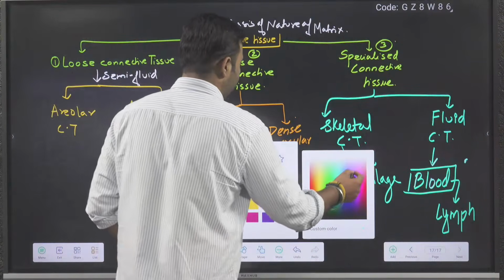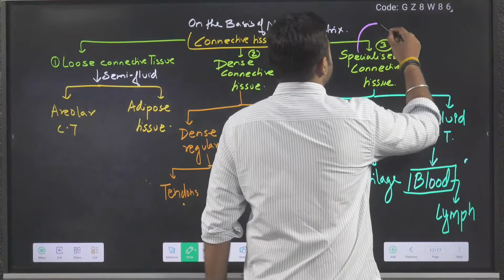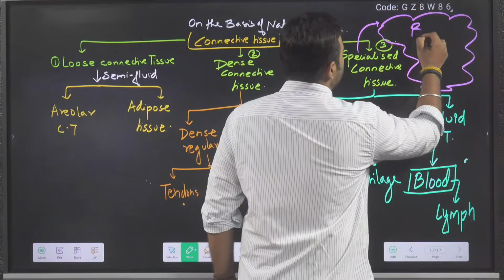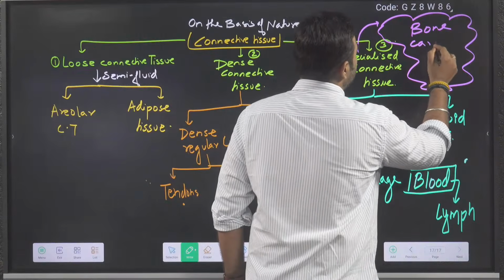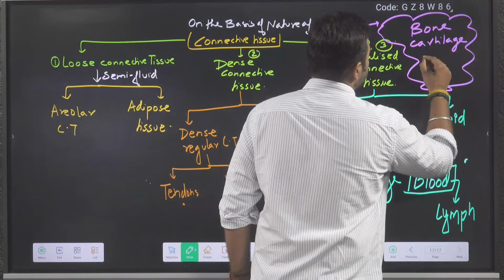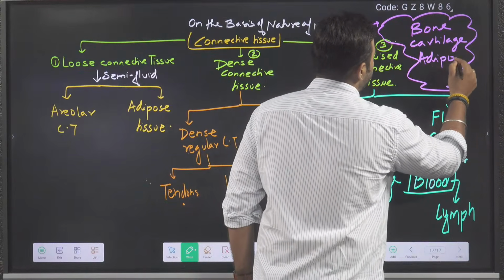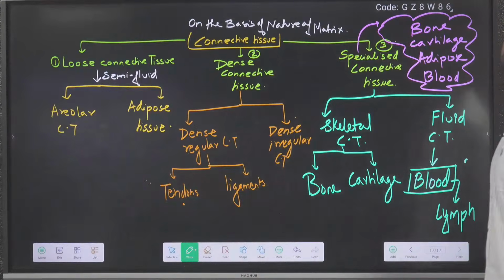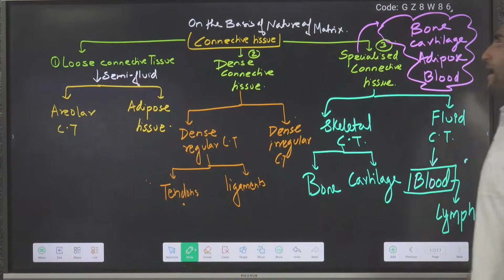Remember, don't forget. In specialized, there are 4 tissues: bone, cartilage, adipose, blood. Bone, adipose, cartilage, and blood. They are specialized.